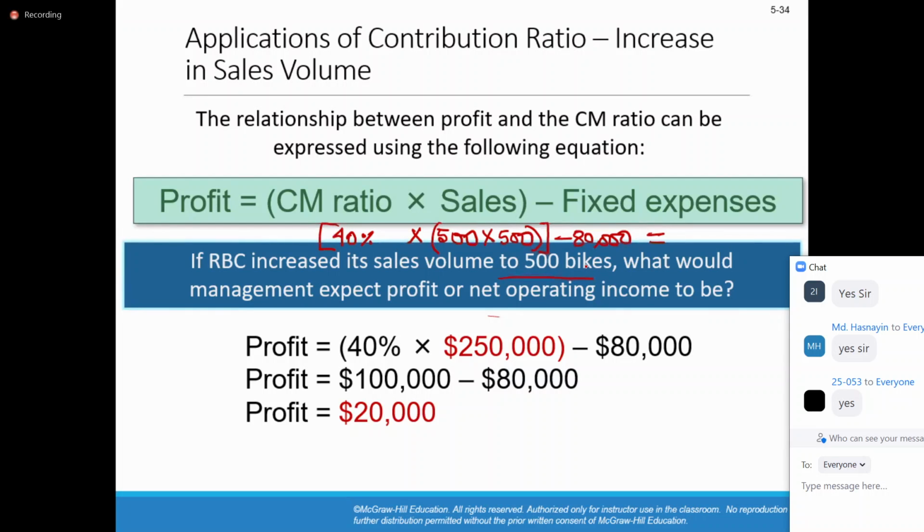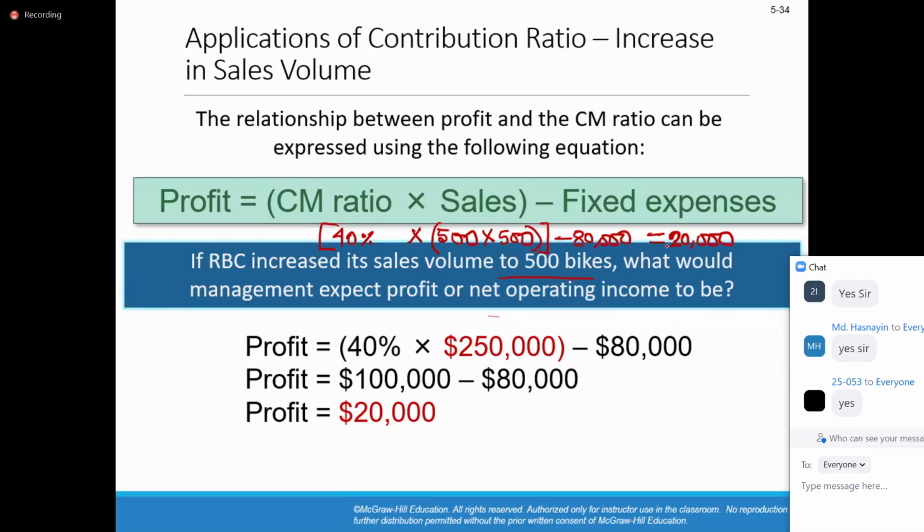If you do this calculation, you will see that the profit will go up. Profit in total is 20,000. So in this way, you can also calculate the total profit. In the previous case, we have seen that it is possible to calculate the incremental profit.